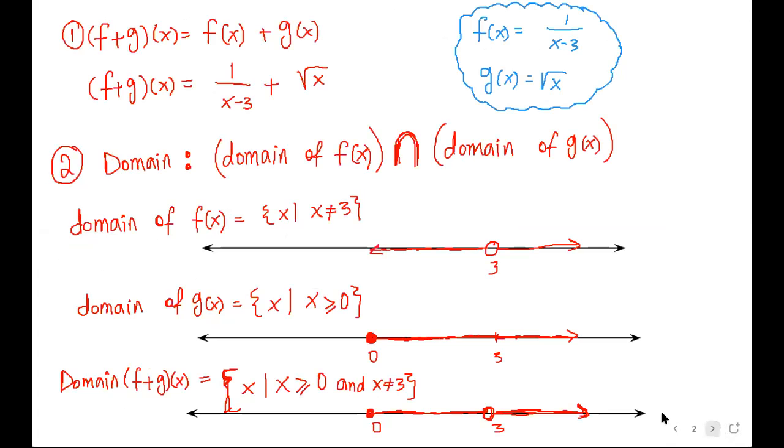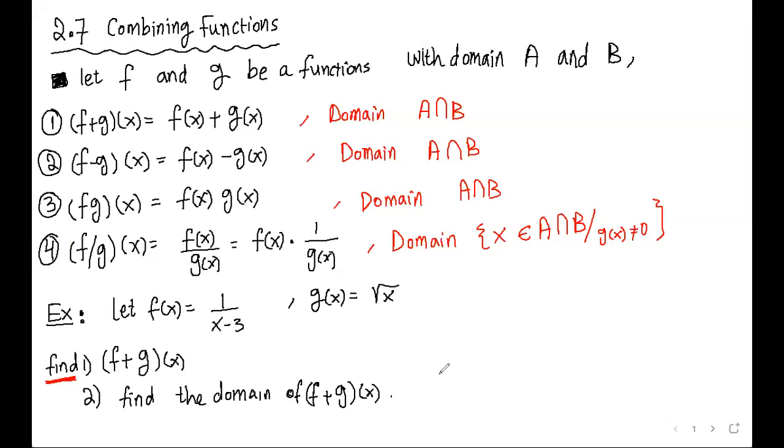So the domain will be x greater than 0 and x not equal 3, without the equal here. Without the equal. Why? Because 0 is the 0 for the second function g of x, the absolute value. Because if we're looking for the 0 for this function, it is x equals 0. So we have to remove this point from the domain. Okay.